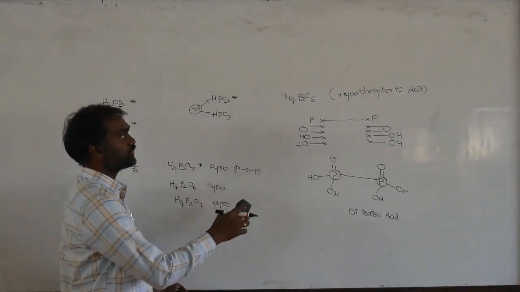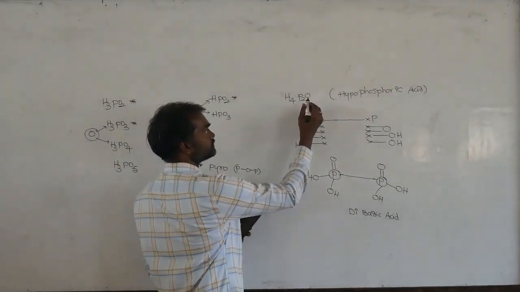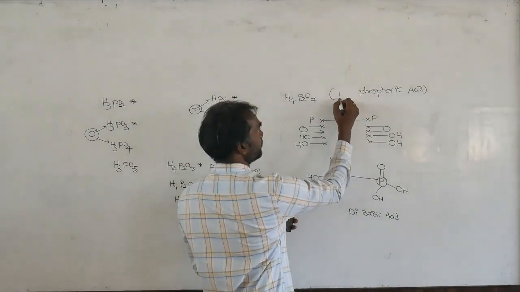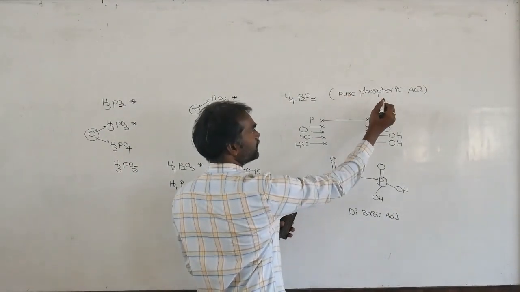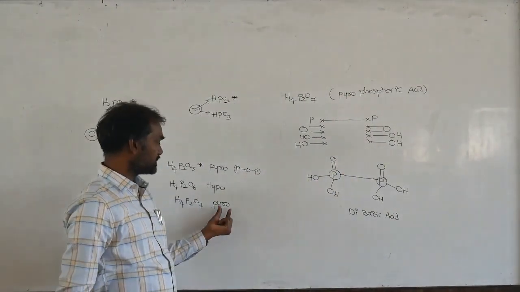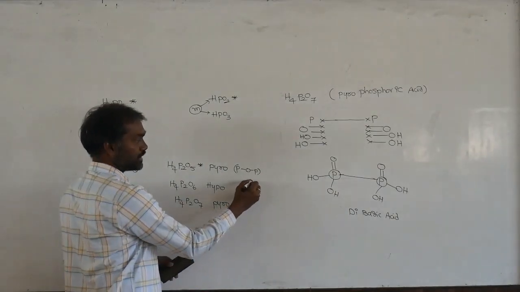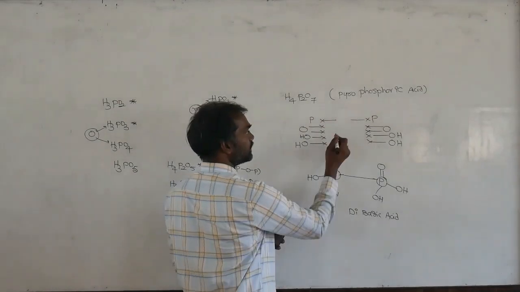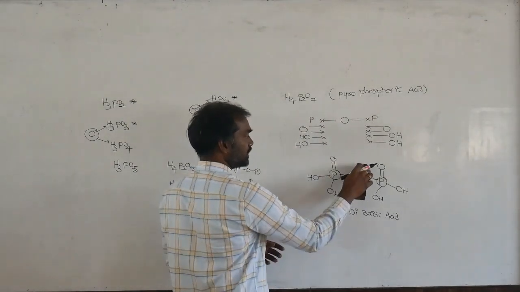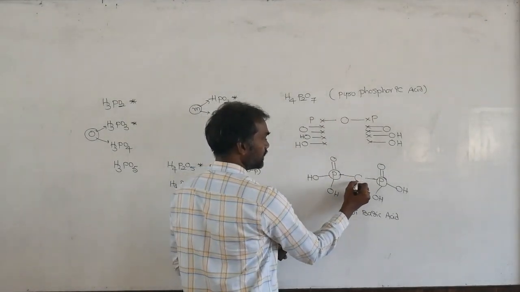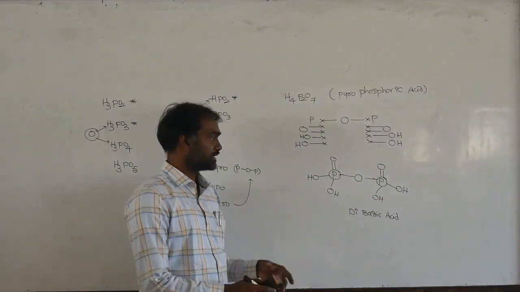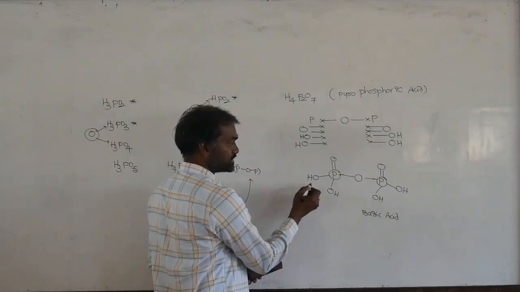Next, pyrophosphoric acid, H4P2O7. Pyro. So pyrophosphoric acid. Pyro means already you must remember POP. In between two phosphorus, you write one oxygen. So same thing. It is a dibasic acid. Not di, it is tetrabasic.